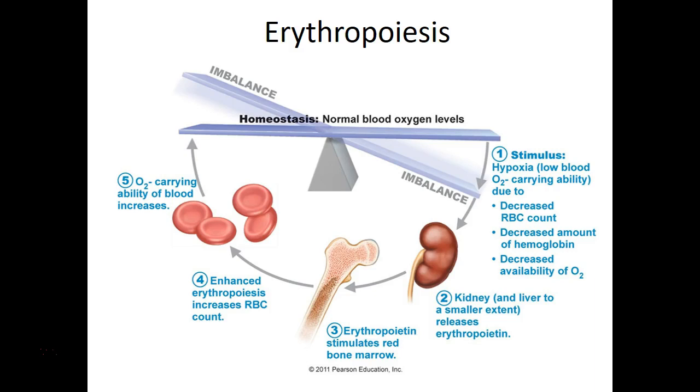All right. Let's talk a little bit about the regulation of formation of red blood cells. So here, this is called erythropoiesis. Now, surprisingly, this is regulated by a hormone.